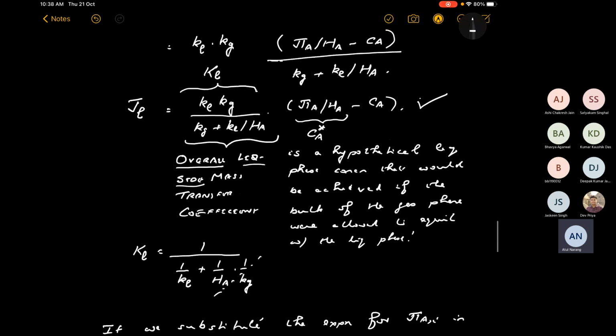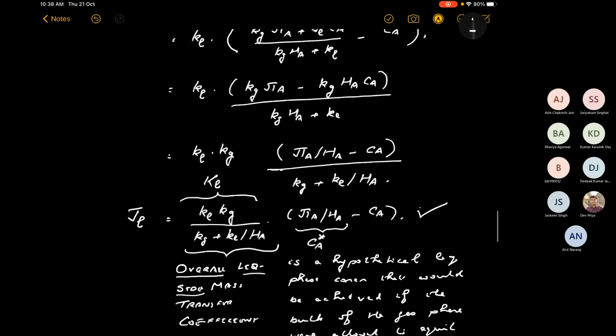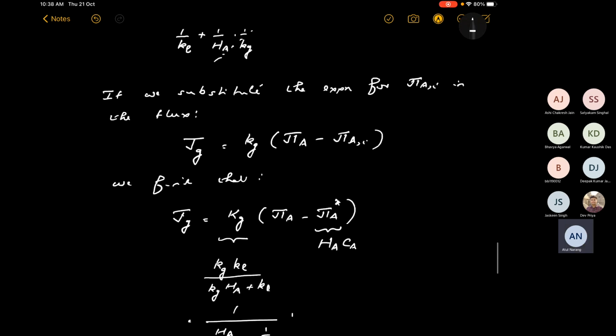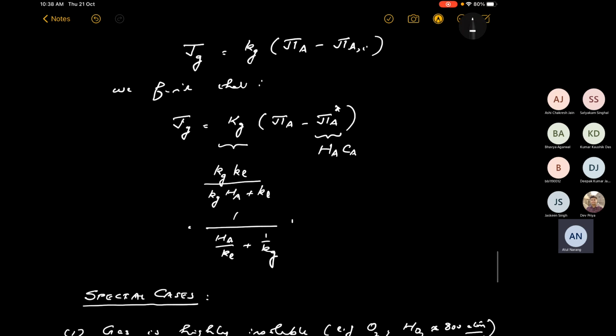So go back to the expression for kg, which I haven't gone through completely. But if HA is very, very small, this is the expression for kg. And you can see that if HA is very, very small, then this disappears.